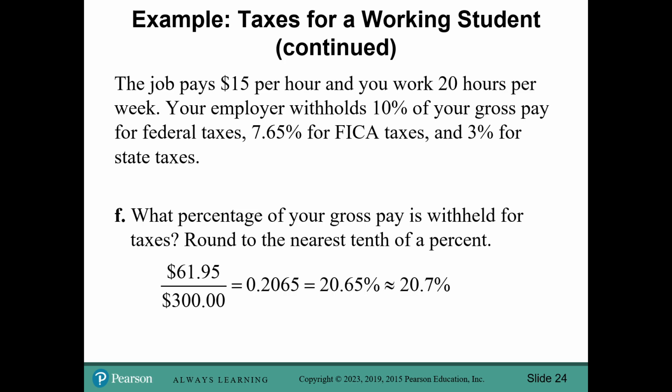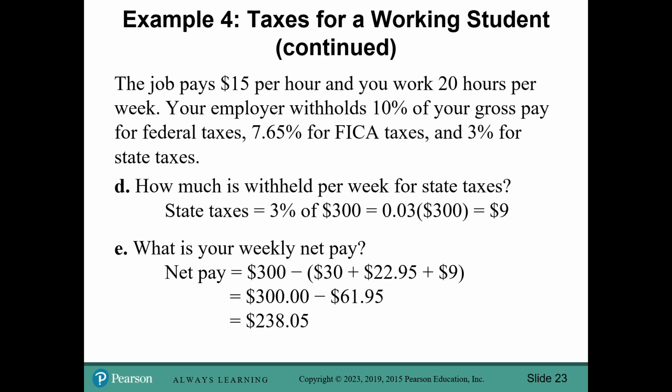What percentage of your gross pay is withheld for taxes? Okay, if you notice in that last problem, when we did this calculation, this portion came directly from our taxes, right? So $61.95 is the amount of taxes that we are paying.